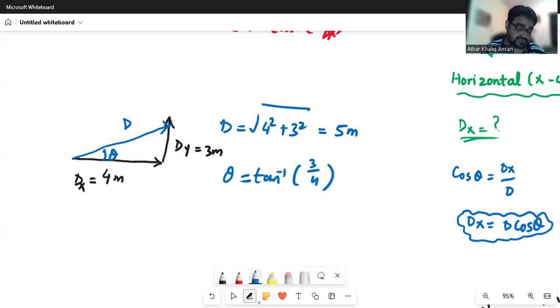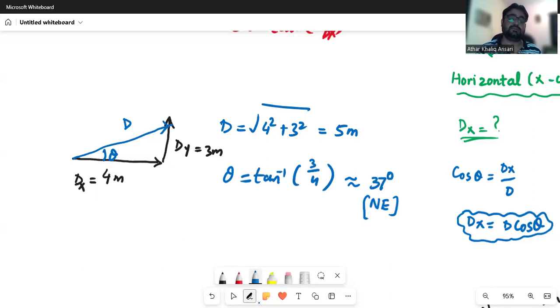So you get the answer 36.87. I am just rounding it to 37 degrees. It is from east to north. So you can say from east to north or northeast. So this is how we can find the vector if we have the components given.